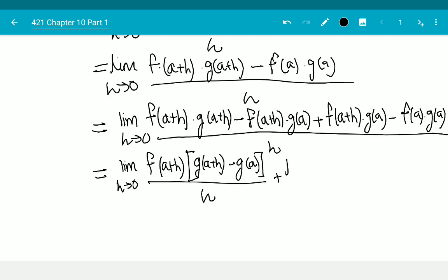over h plus limit h goes to 0. From the other two, I can pull g of a common.